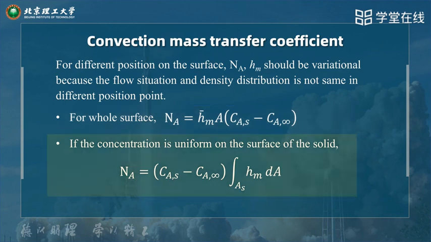If the concentration is uniform on the surface of the solid, then CAS minus CA infinity can move outside of the integration.